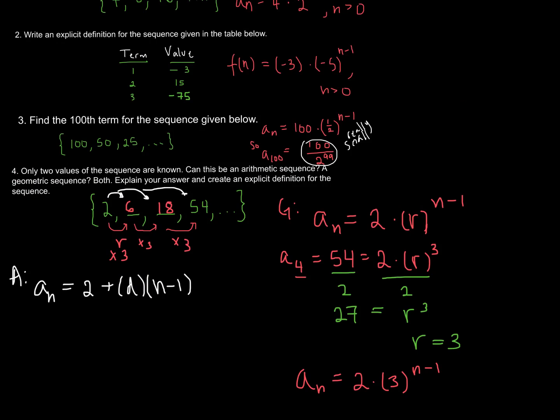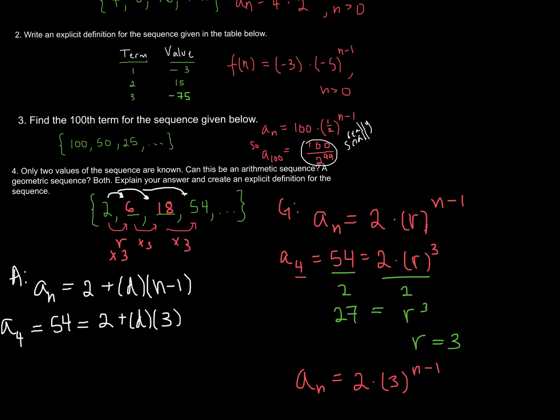So using this same idea here, I can use this fourth term, which is 54. So a sub 4 is going to be 54, and that's equal to 2 plus this difference here. And the n value is 4, so 4 minus 1 is 3. Right? Notice that for my arithmetic and geometric sequences, the only things I need to figure out are what is my pattern going to be.